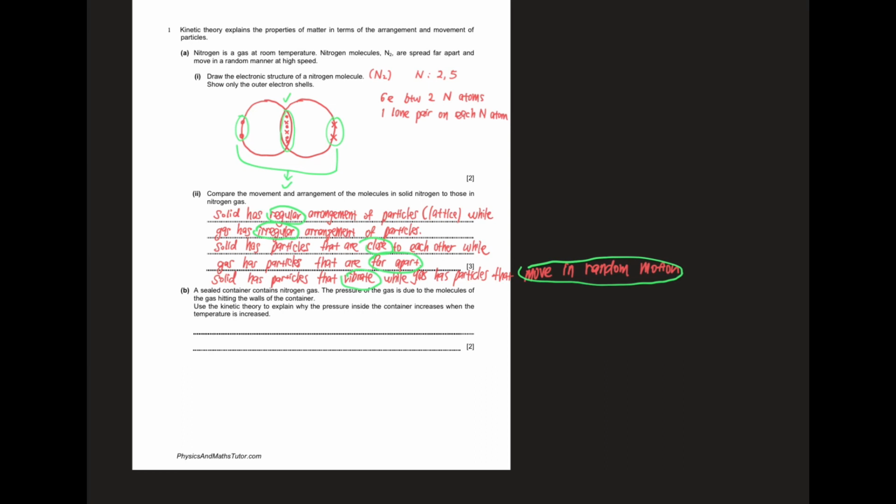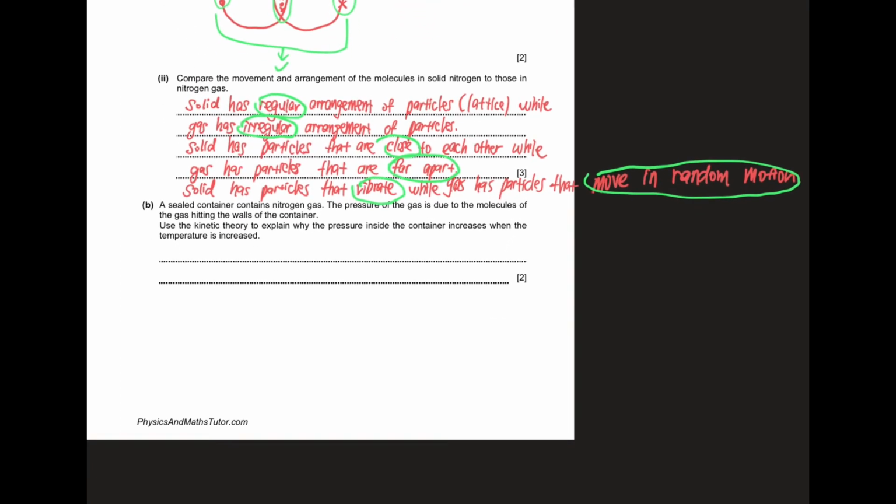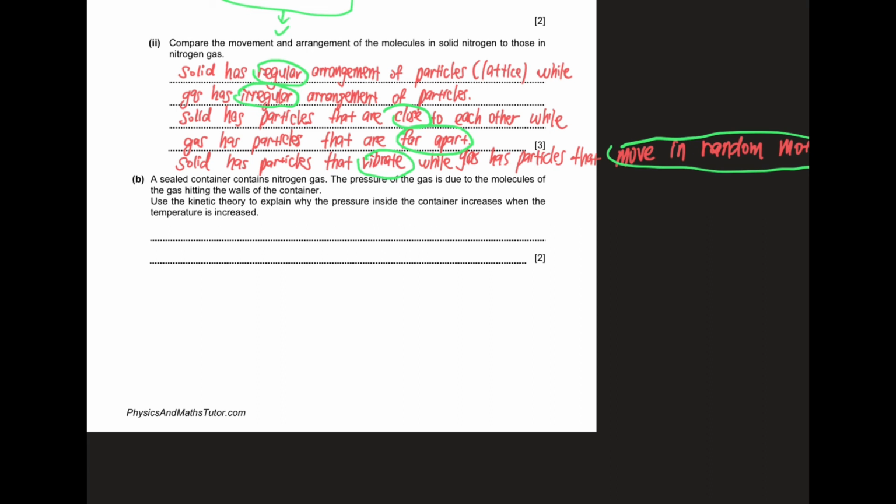Okay, so now let's see part B. A sealed container contains nitrogen gas. The pressure of the gas is due to the molecule of the gas hitting the wall of the container.